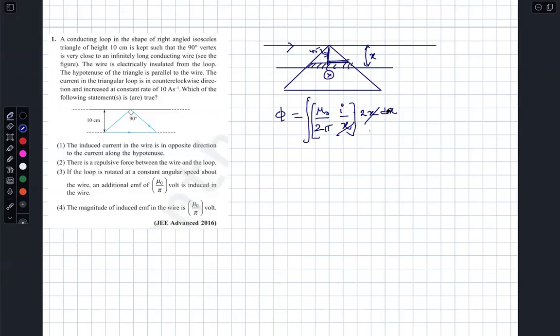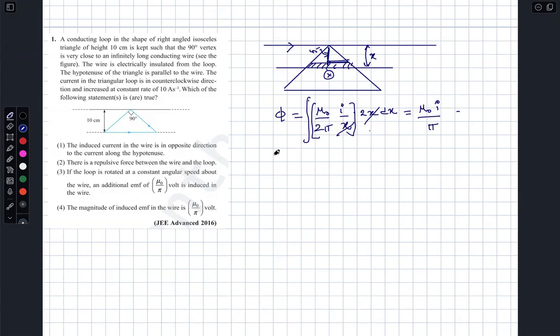Now integration. By doing the integration, you will get mu naught I by pi. Any doubt till this point? No. Because that is a flux.